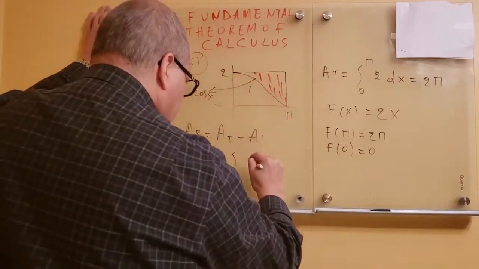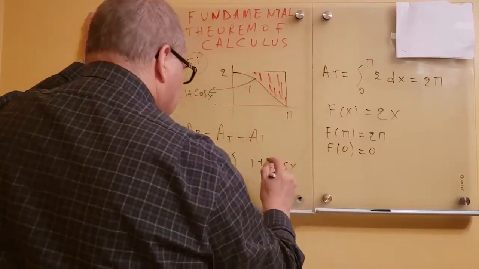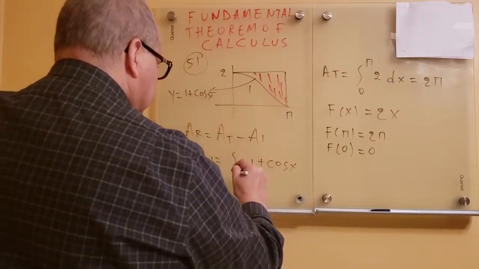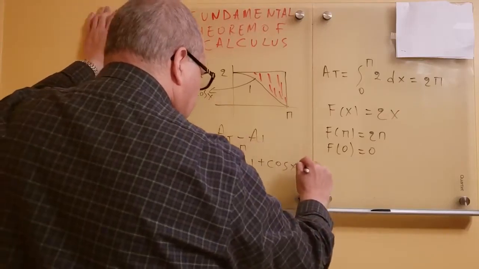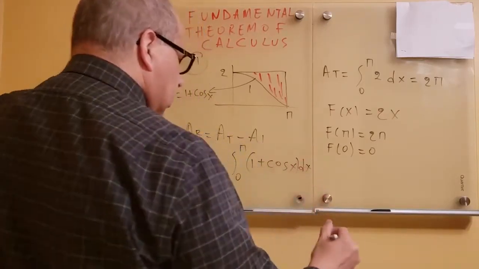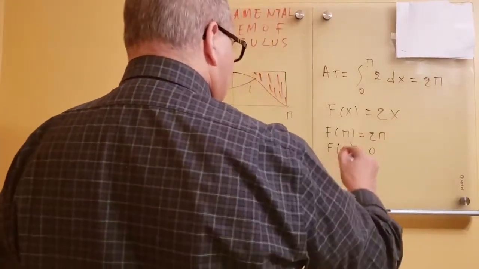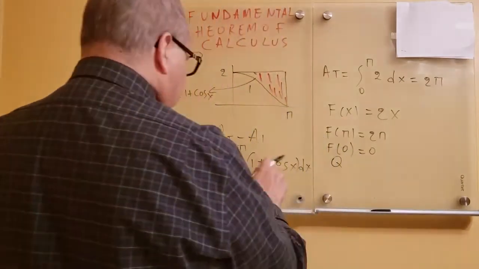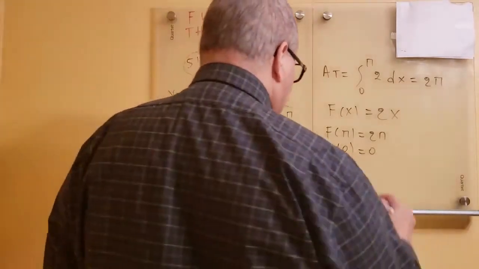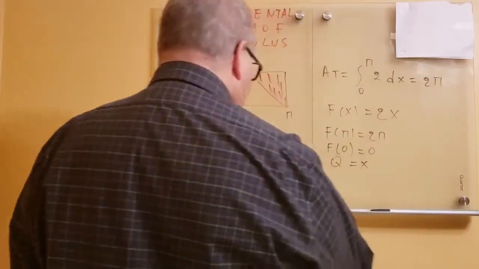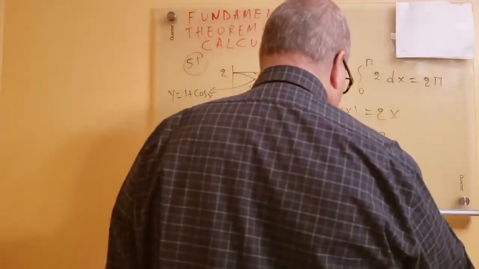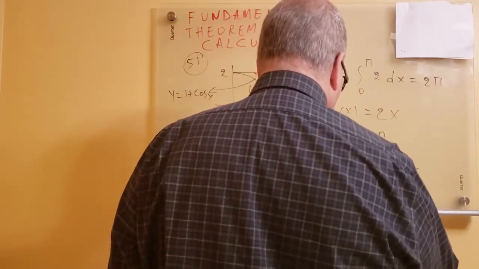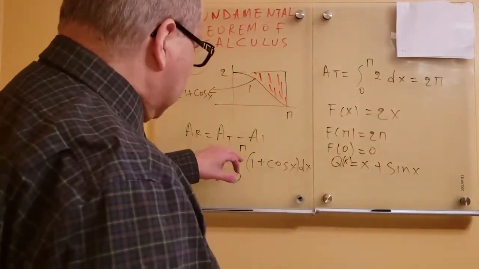It's 1 plus cos x, and you have to take this again from 0 to pi, and again all of these with respect to x. Let's call Q capital the antiderivative of this. The antiderivative of 1 is x, and the antiderivative of cos x is sine. And now we have to evaluate at pi and 0.